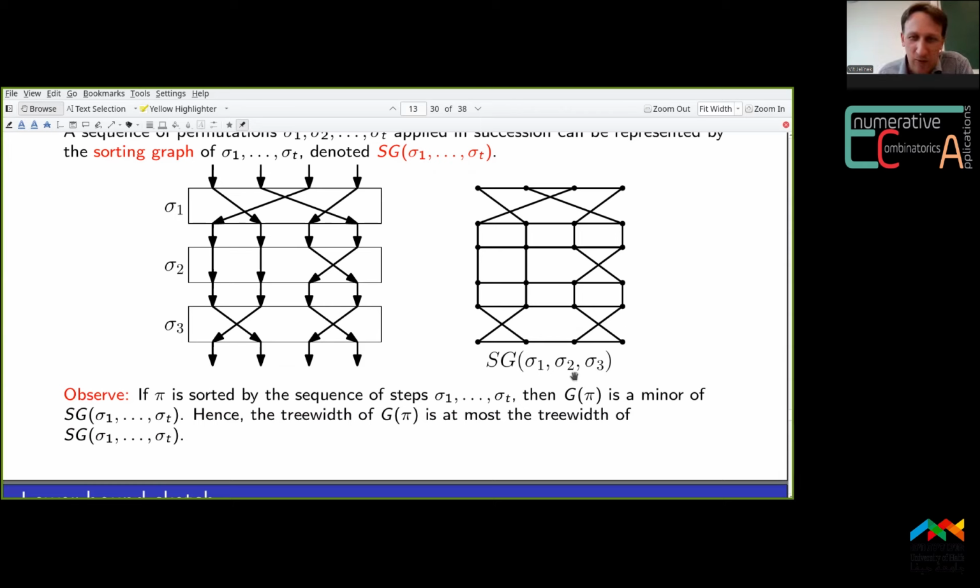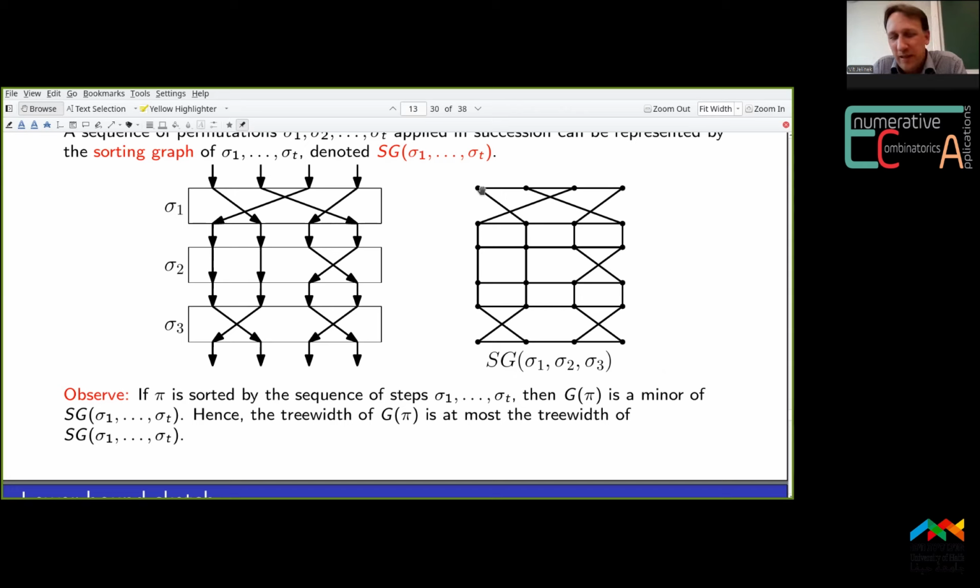Now I will say, okay, imagine that these permutations sigma 1 up to sigma t come from some class which has a very restrictive structure, such as the structure that I have described on the previous slide with this structure theorem. Then you may argue that this restrictive structure means that the tree width cannot be too large, unless you have lots of steps repeating one after another.